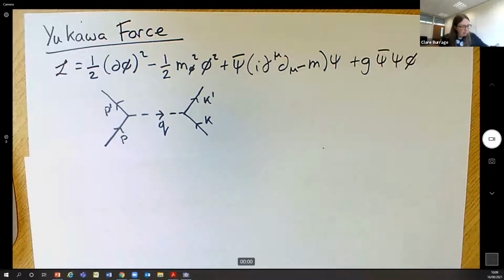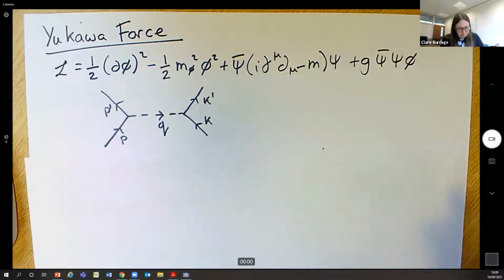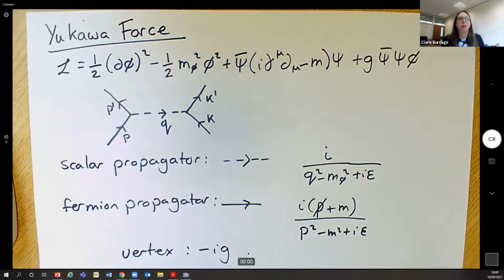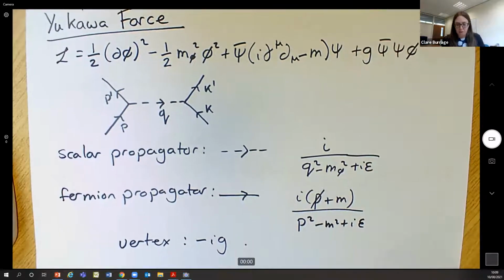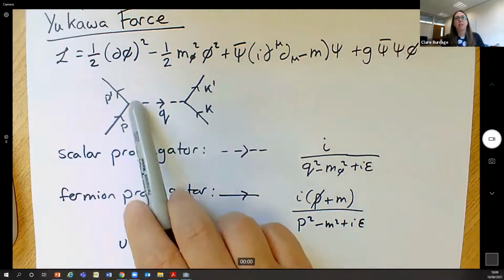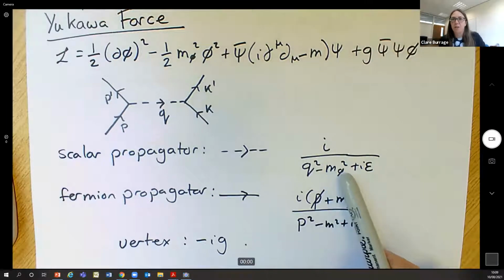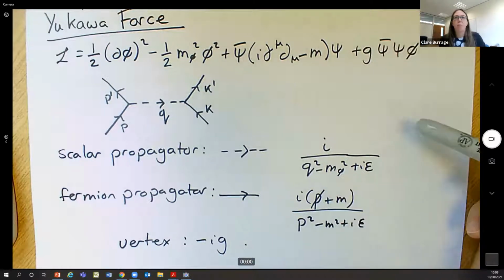So just to sketch how that calculation works to compute this Feynman diagram, we first of all need to know what our scalar propagator is for the exchange of our scalar field here. Okay, so there's some momentum q and some mass of our scalar field. I've written the fermion propagator for completeness.